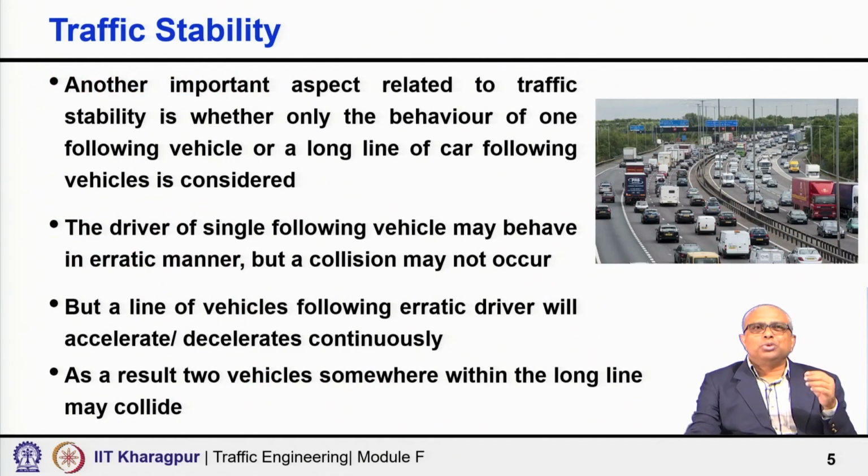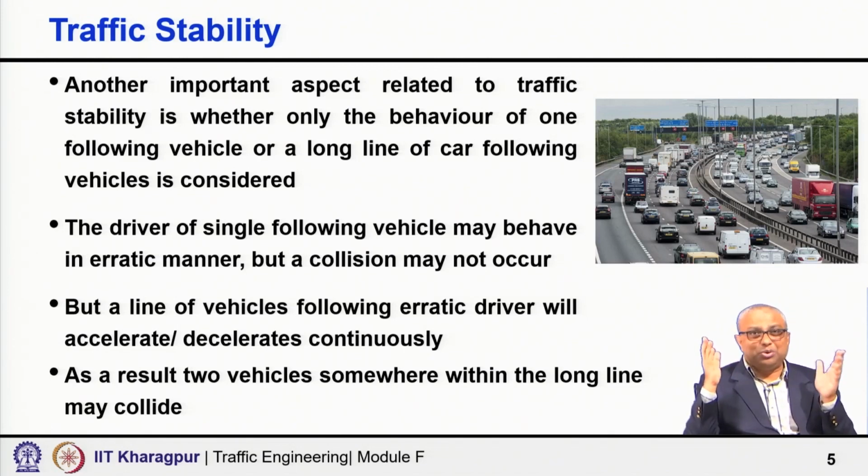Now, one more thing is also important in this context when we are talking about stable or unstable behavior: how many vehicles we are considering in the car following state. Is it a single following vehicle?